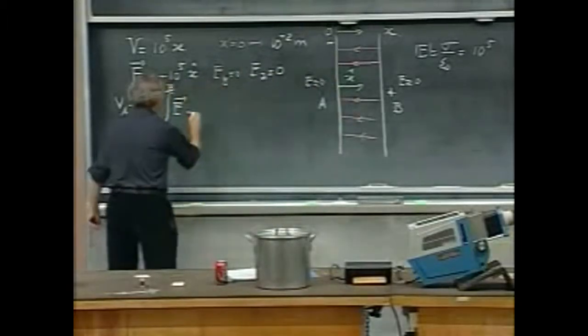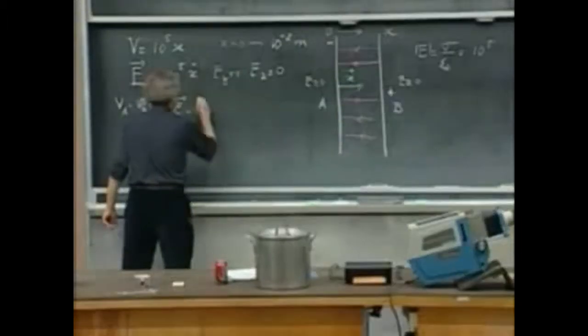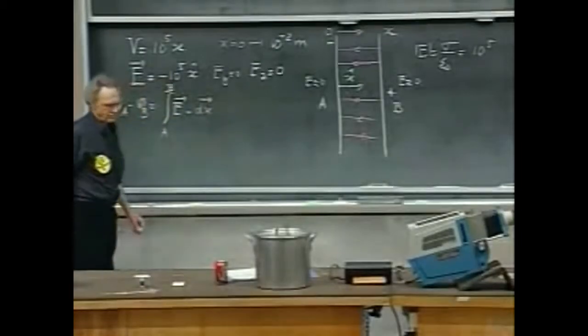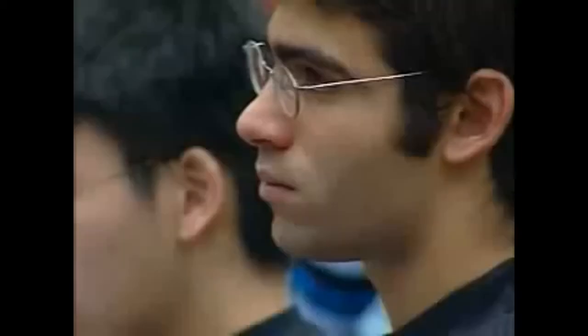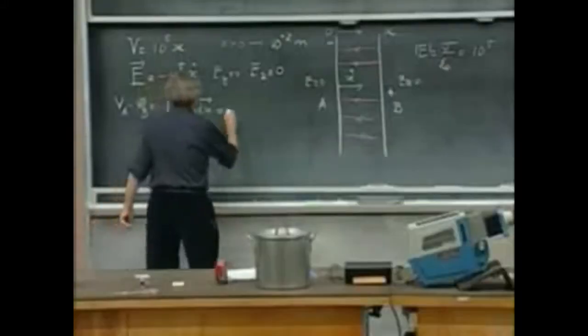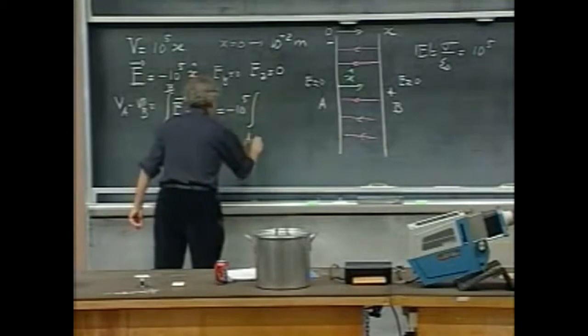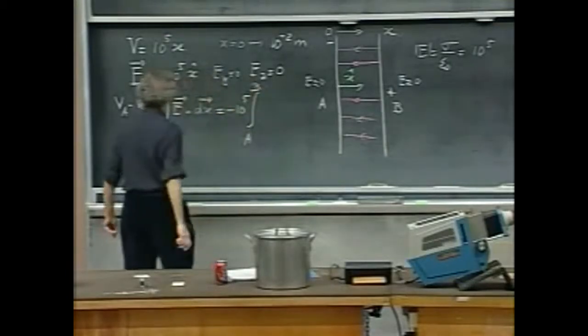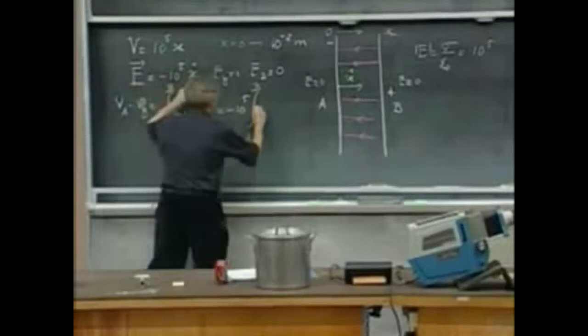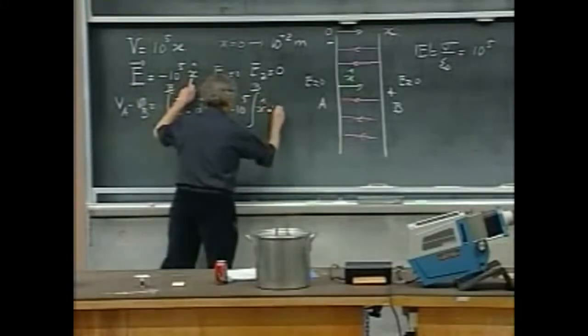So I will write down here dot dx. And so this is minus 10 to the fifth times the integral in going from A to B of x roof dot dx.